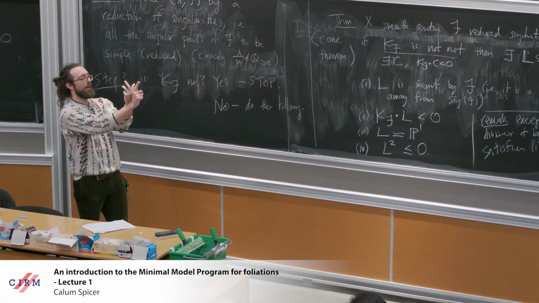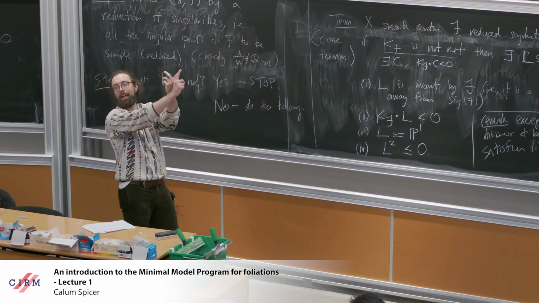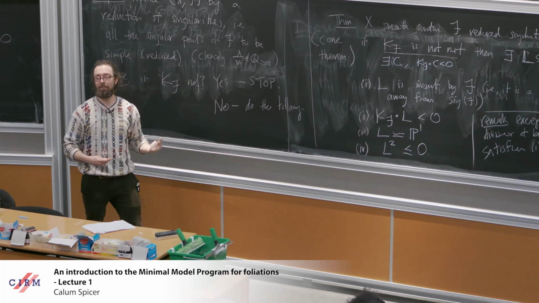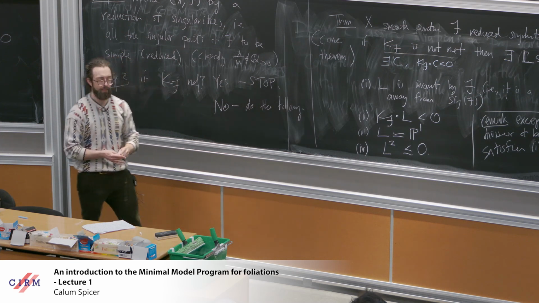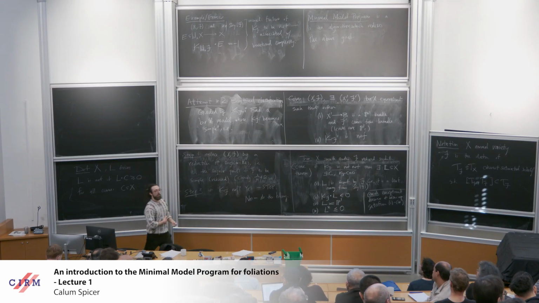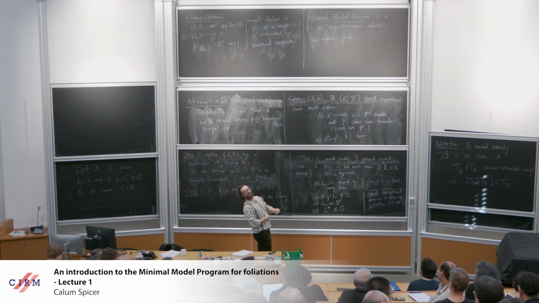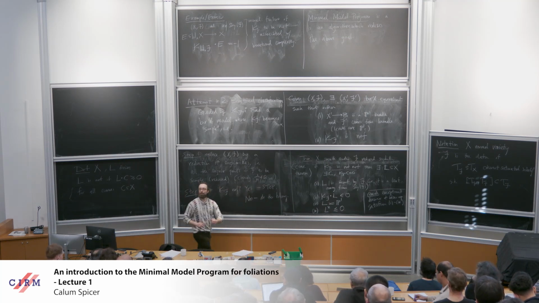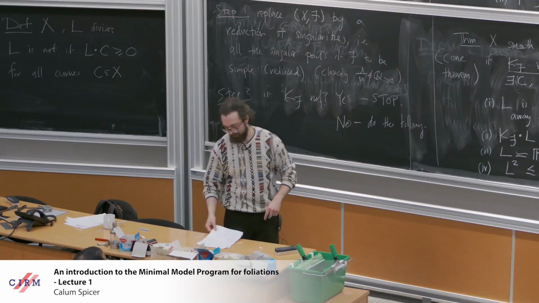I'll talk more about this tomorrow. We look for an extremal ray in the Kleiman-Mori cone which is K_F negative, and then we do some sort of bend and break style argument to show that there's actually a rational curve sitting inside this. Okay, great. Any other questions on this theorem? I won't prove this theorem, but I'll try to say more about it later.